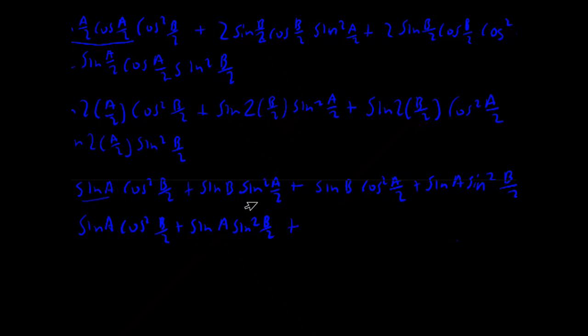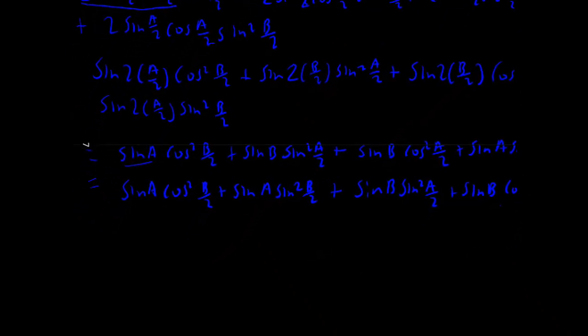Now this one's already grouped, because it's sine B and sine B. So we're going to have sine B and sine squared A over 2, and then this side we're going to have sine B and cos squared A over 2.